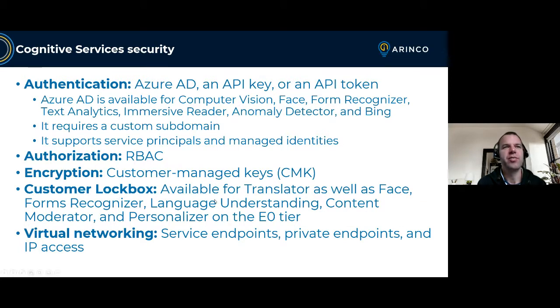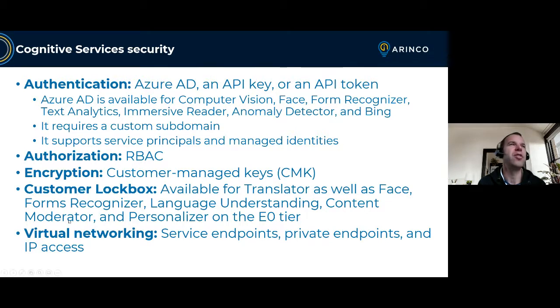Today, that customer lockbox feature is available for the Translator API, as well as these additional cognitive services APIs if you upgrade them to a particular tier known as E0. But that does effectively restrict access to the data that's managed in your cognitive services from access by Microsoft until you approve that access as part of a support process.